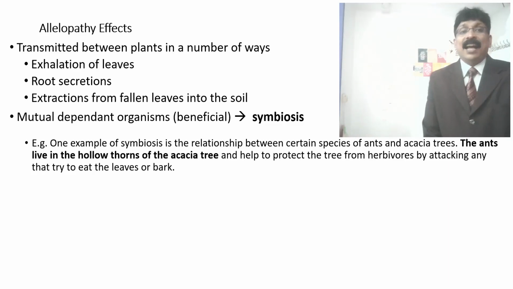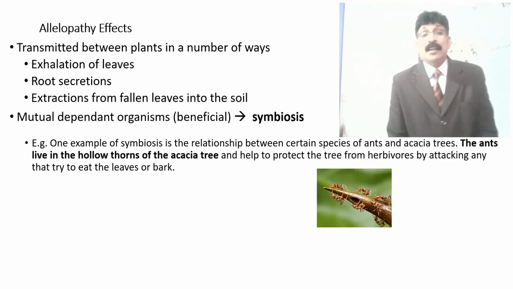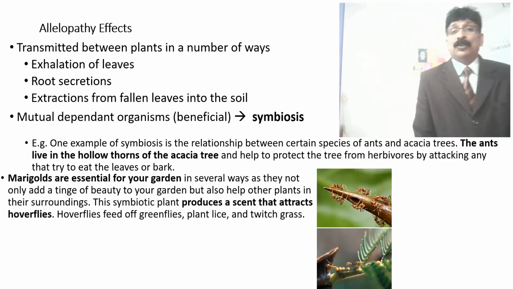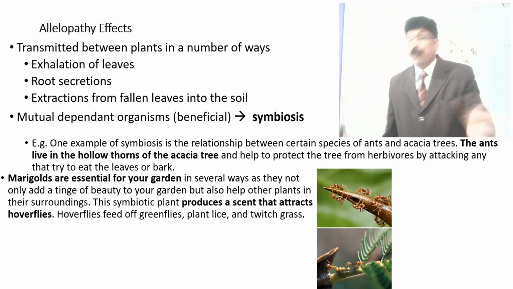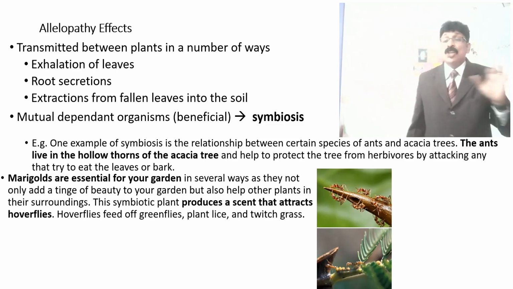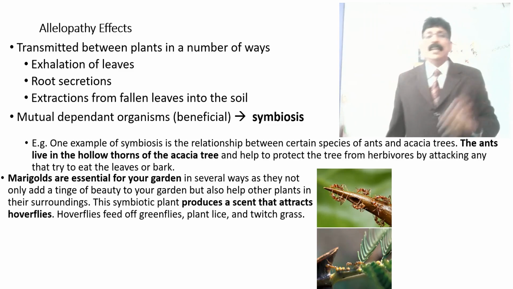The ants live in the hollow of the thorns of the acacia tree, as shown in the picture, and help to protect the tree from herbivores that attack or eat the leaves or the bark.